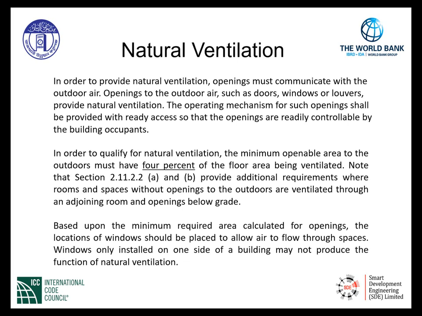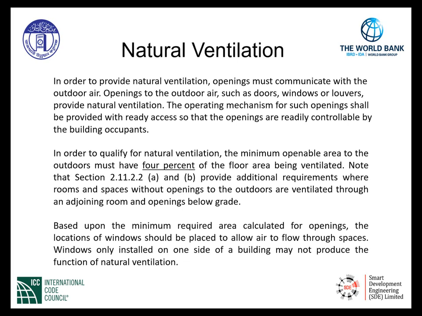Based upon the minimum required area calculated for openings, the locations of windows should be placed to allow air to flow through spaces. Windows only installed on one side of the building may not produce the function of natural ventilation.